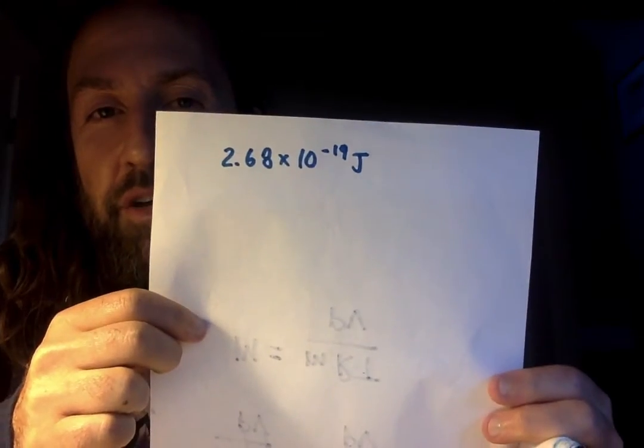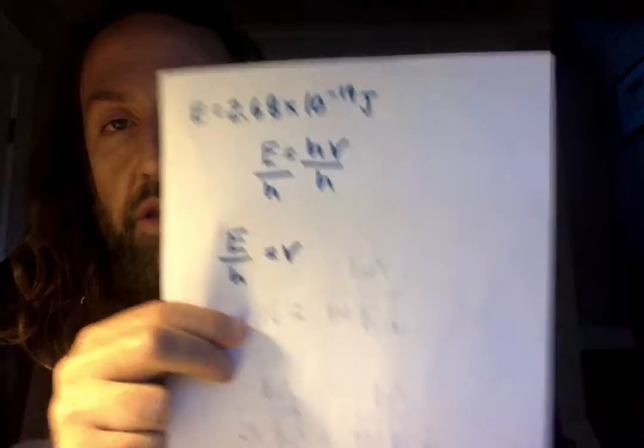That's going to be E. What you would do there is take E equals h nu, divide both sides by h, and you would get E over h equals nu. 2.68 times 10 to the negative 19th joules divided by 6.626 times 10 to the negative 34 joule seconds.